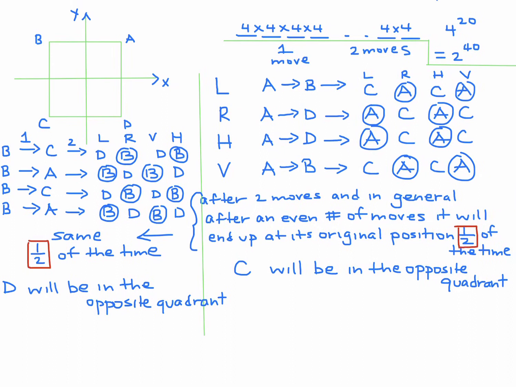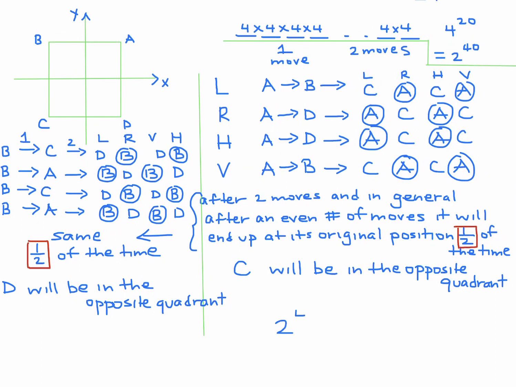Okay, so now what we do is we take our total, which was 2 to the power of 40, and we take into consideration that half and that half, that we have to multiply by a half to bring A back into its original position, and then we have to multiply by a half again to bring B back into its original position, and we have to have an even number of moves, and we do because we have 20 moves.